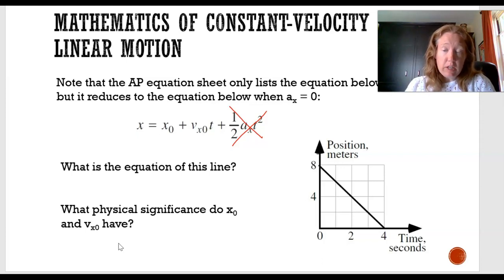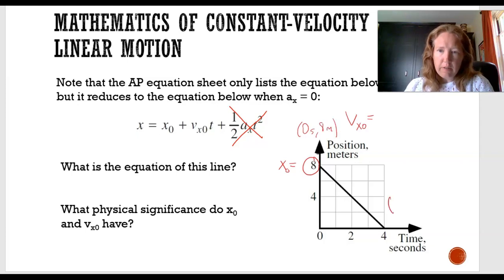So let's write the equation of this line here. We know the y-intercept here, so this is the x0 value, right? And then we need to know the slope. vx0 is the slope of this line. So if I'm picking this point, at 0 seconds, it's at 8 meters. And then at 4 seconds, it's at 0 meters.